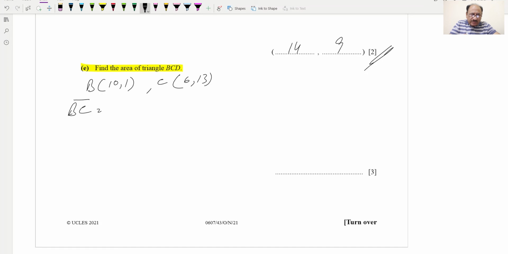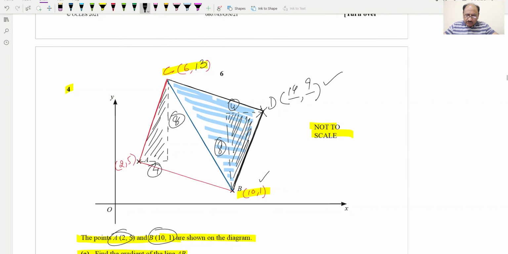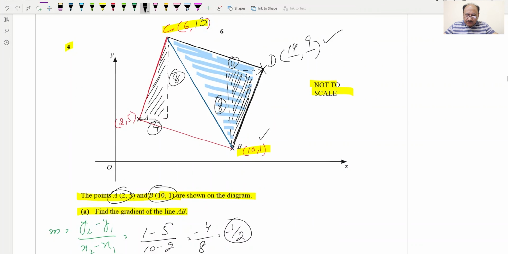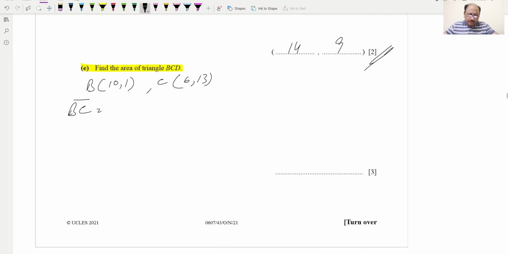So BC is x2 minus x1, so this will be the square root of 6 minus 10 squared plus 13 minus 1 squared.